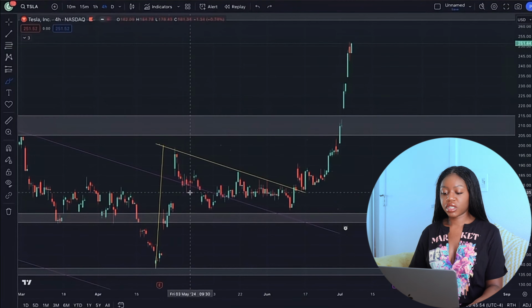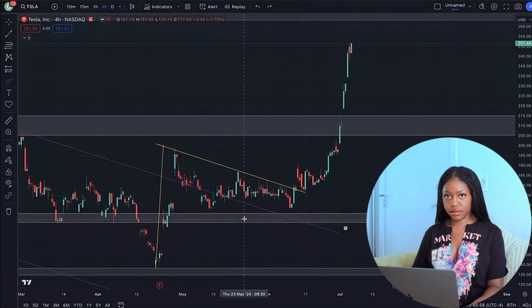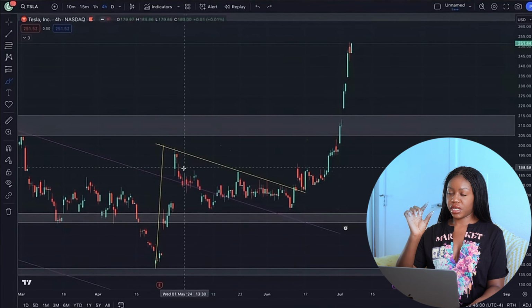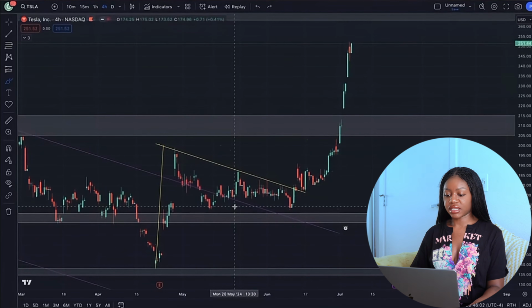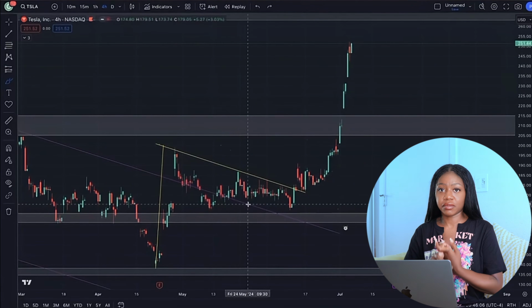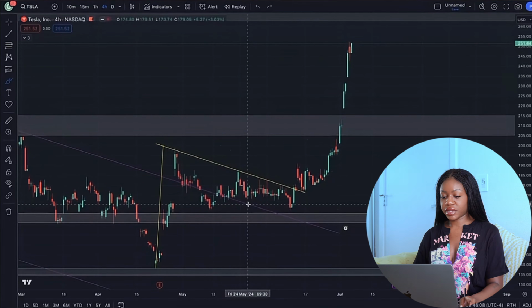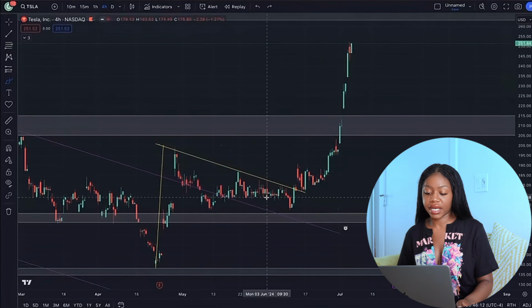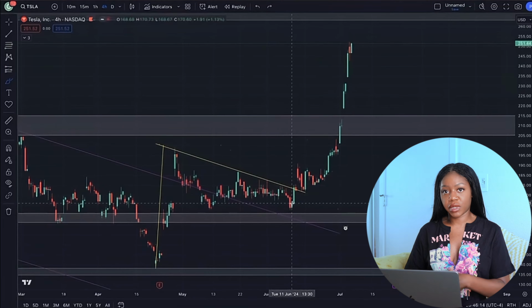When I remove that circle, you could have scaled in at any point during this flag portion of the bull flag, as long as we were staying above the resistance that we just broke, retesting it as support. And also the fact that we were tightening into even a tighter trading range is also a good sign for a breakout. Now, you could have been scaling into a swing position here.